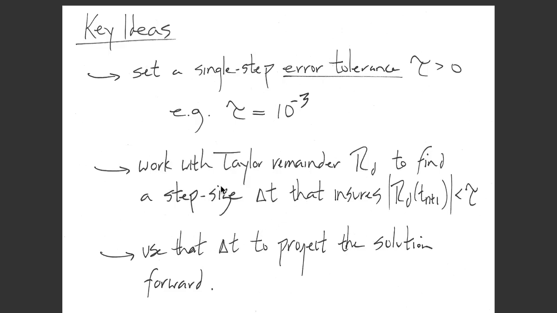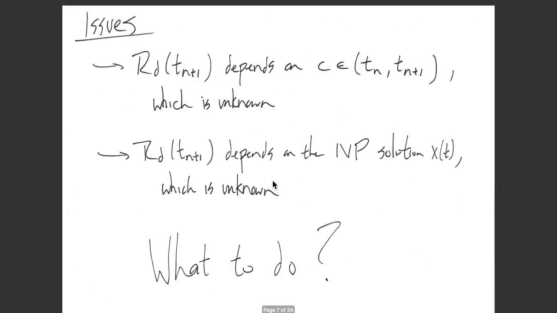And then work with the Taylor remainder term to find a step size that ensures that that Taylor remainder is less than your error tolerance tau. Once you find that step size, you can project forward using that step size, and the error will be less than your error tolerance.